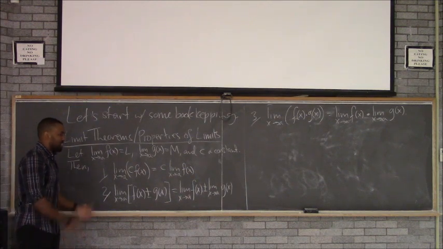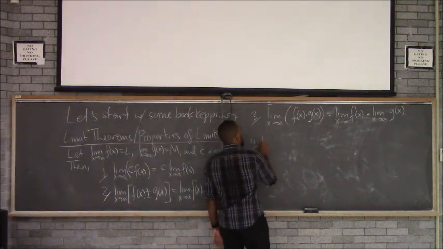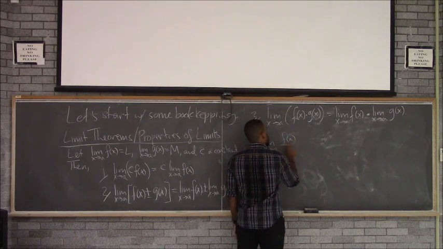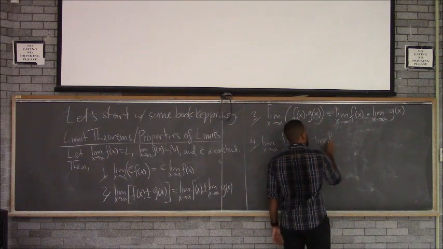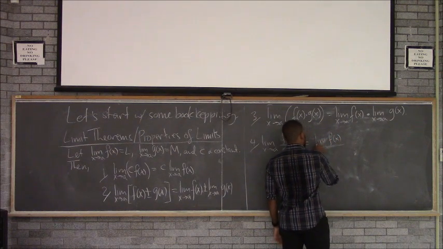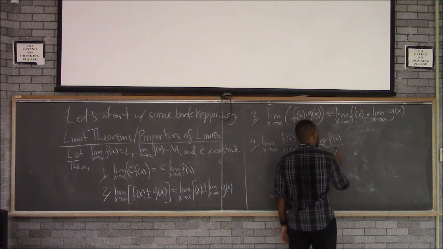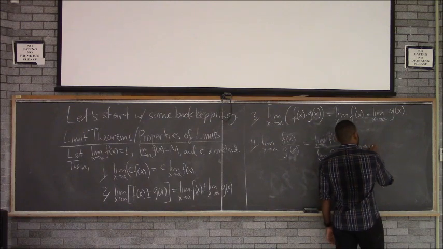You can factor things out whenever you feel like you should. This also applies to division, of course. So the limit of a quotient is actually the quotient of the limits, provided you're not dividing by 0, of course.